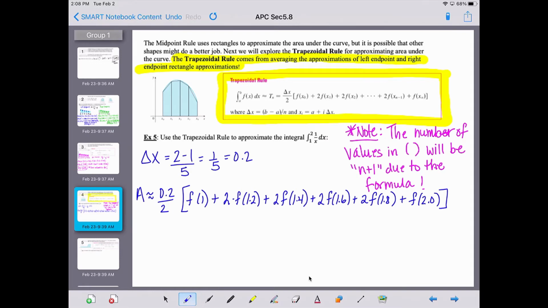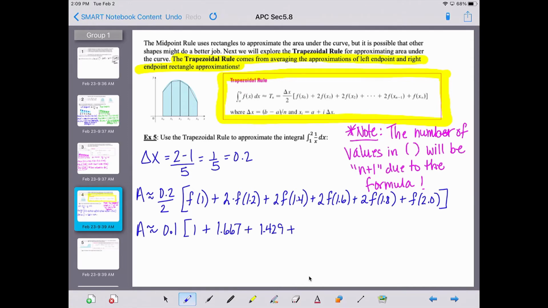And now we just have to plug the values in and do the math. Okay, so my area is going to be approximately equal to 0.2 divided by 2, which is 0.1, and then f of 1 is 1. 2 times f of 1.2, well, I already know f of 1.2, I've done that many times. Multiply it by 2, you get 1.667. 2 times f of 1.4 is 1.429, again, keeping everything rounded to 3 places past the decimal.